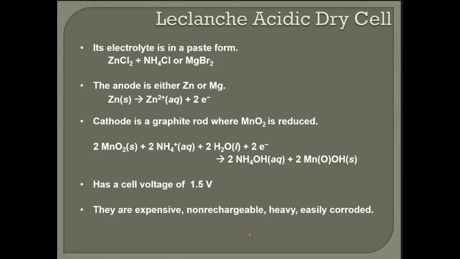In an acidic dry cell, you have zinc with ammonium chloride or magnesium bromide, where the anode is either the zinc or magnesium, and the cathode is a graphite rod where manganese oxide is reduced. And this has a cell voltage of 1.5 volts. However, these are expensive, non-rechargeable, heavy, and very corrosive.